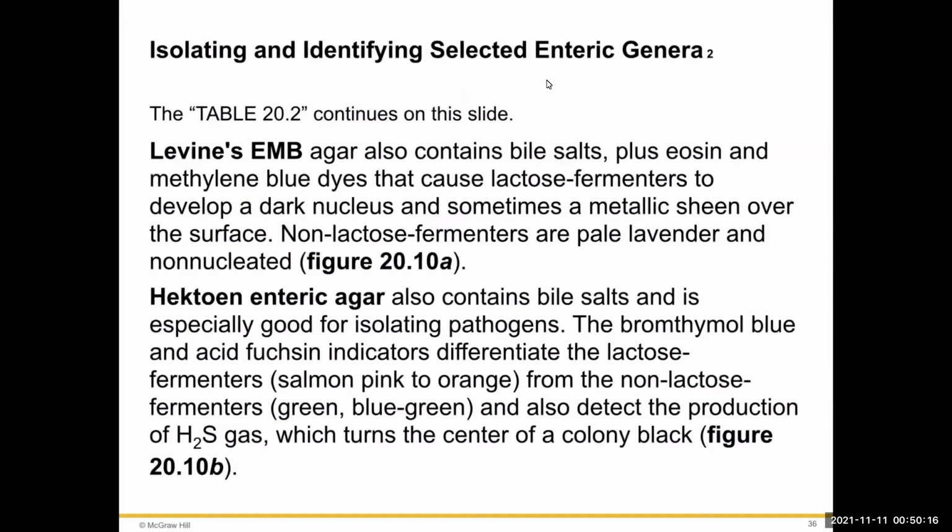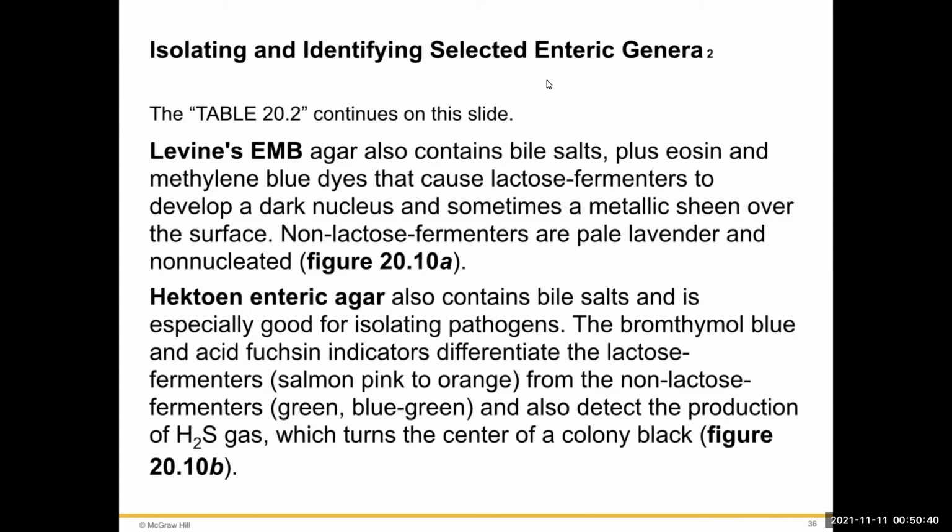The next step is Levine's EMB agar. It contains bile salts plus eosin and methylene blue dyes that cause lactose fermenters to develop a dark nucleus and sometimes a metallic sheen over the surface. Non-lactose fermenters are pale lavender and non-nucleated.